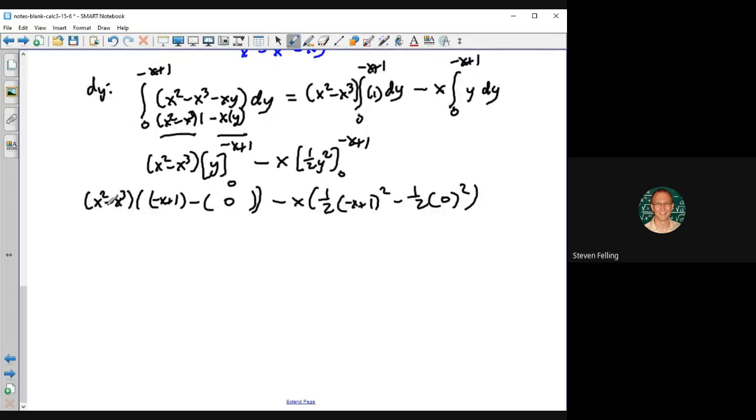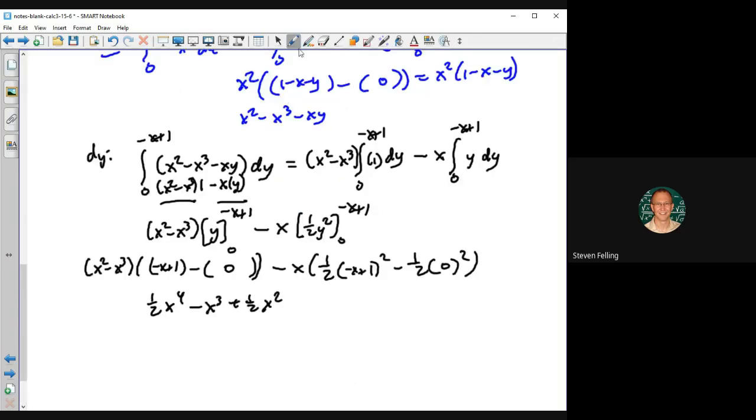If you carefully multiply all this out, if you trust me, we end up getting 1/2 x to the 4th minus x cubed plus 1/2 x squared. You can verify that yourself.